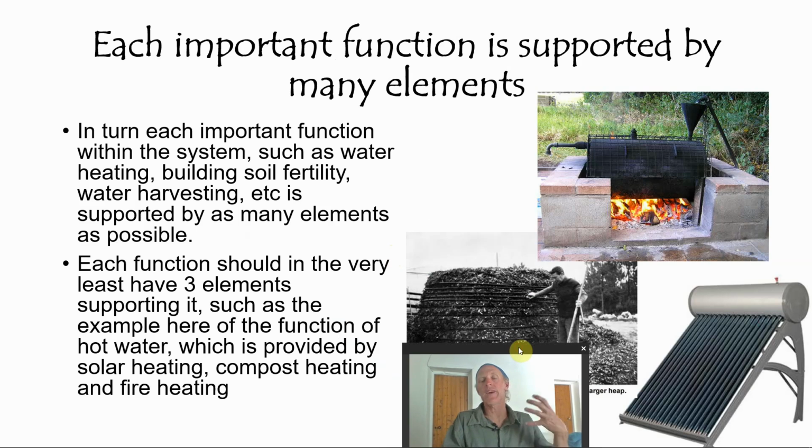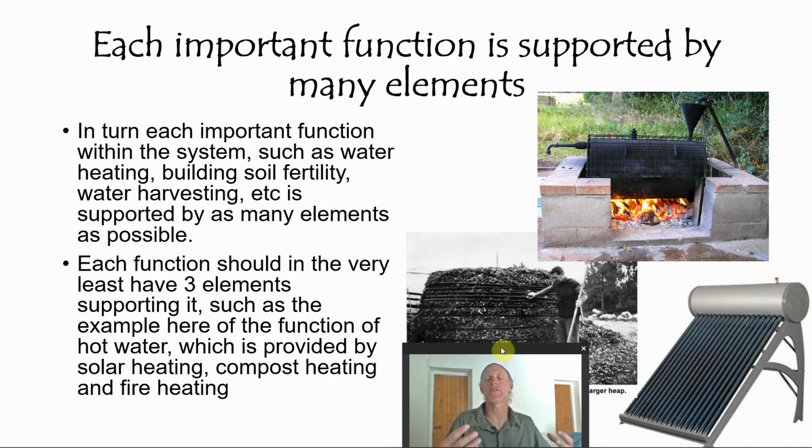And then the other aspect of this principle of integrate rather than segregate is that each important function is supported by as many elements as possible. A function is something that the system needs from an operating perspective.